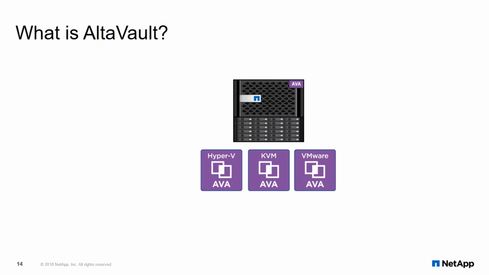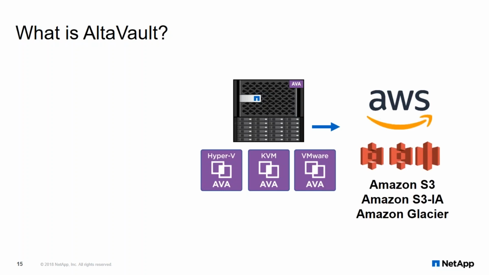And Amazon, as one of our key partners, provides that capability of really helping us to leverage the cloud scale, elasticity, and really the cost effectiveness to improve your backup recovery strategy. So from an Amazon perspective, AltVault will take that backup data from your environment, either through a physical AltVault appliance or a virtualized appliance, or even a cloud-based AltVault appliance in Amazon's marketplace, which we'll talk about a little bit later.